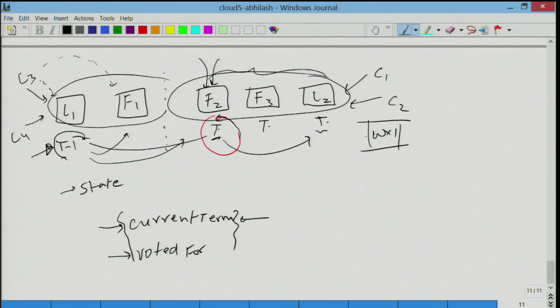One client said that x is 1, and we formed a majority and committed, so in our state machine everyone thinks x is 1. Then follower 2 restarted and forgot that it has seen term t.